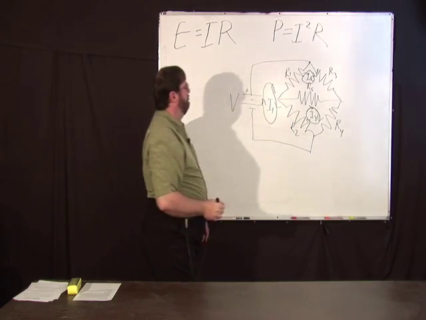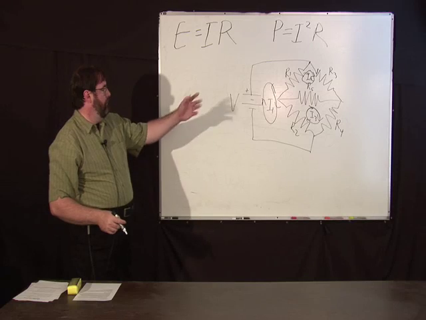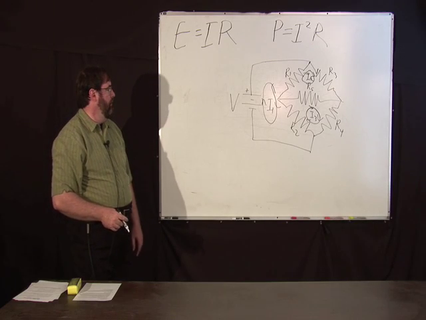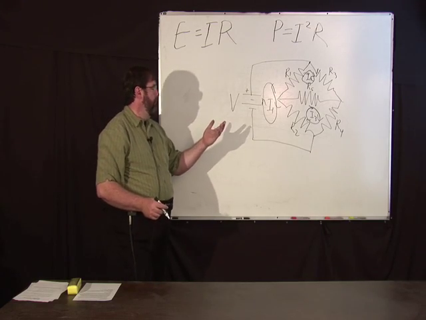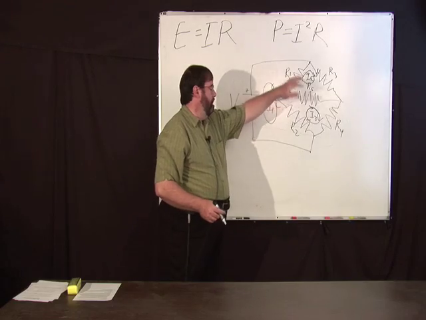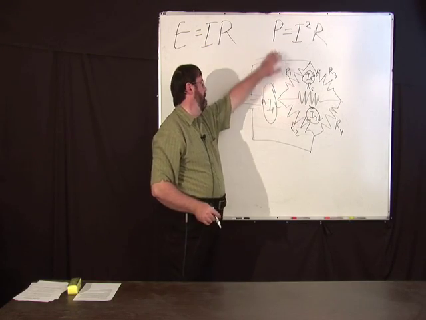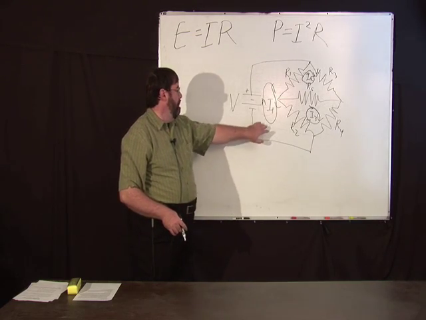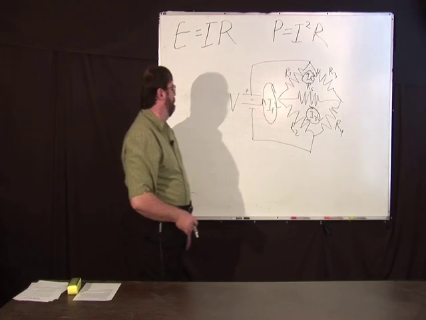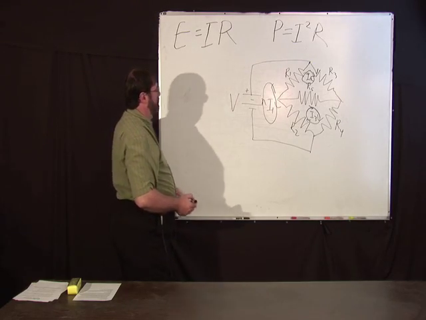Okay, now what have we got? Well, we've got three unknown currents, and once we solve for the 3 unknown currents, we can use Ohm's law to determine the voltage everywhere. We can use this law to determine power delivered everywhere. So all we need to know is what are the 3 currents. Well, we can solve this.